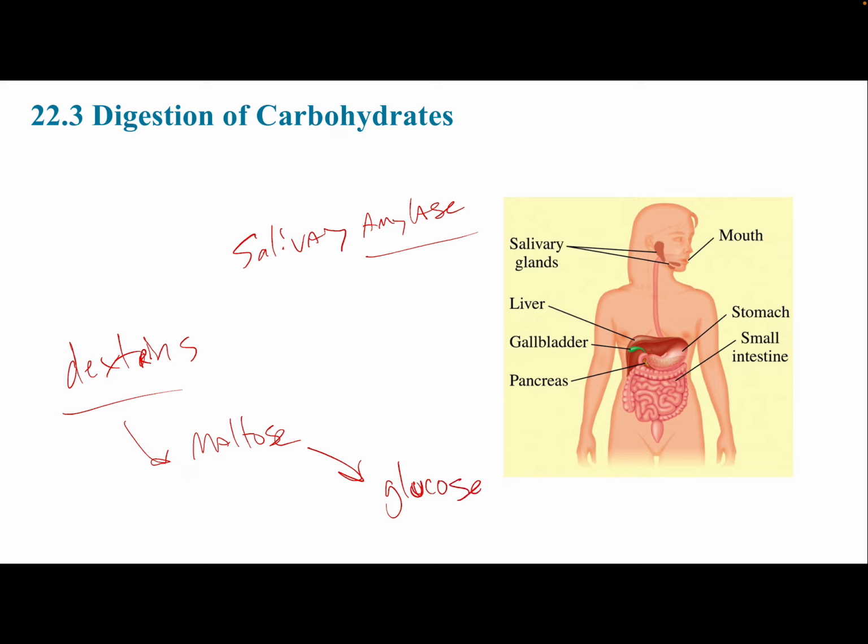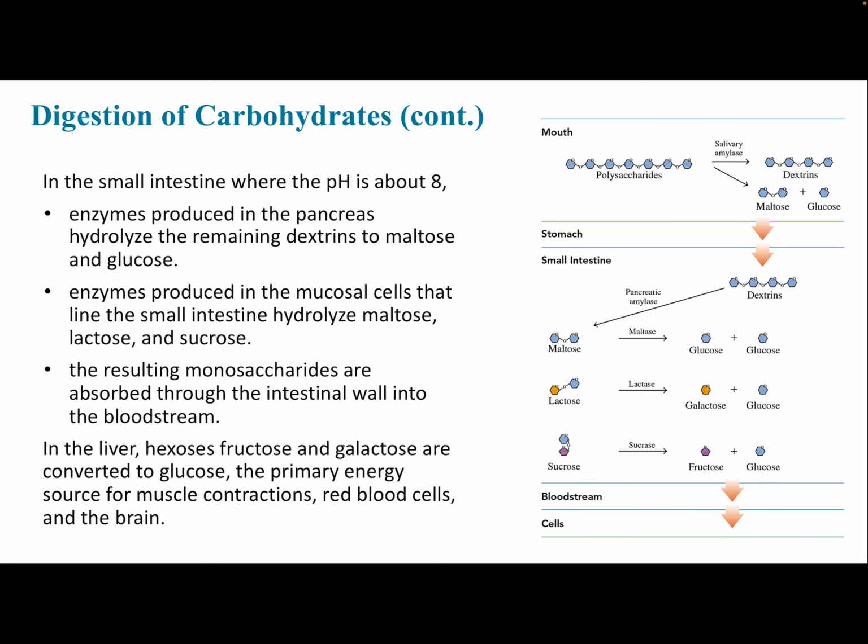In the stomach, the partially digested starches will enter an acidic environment, and this low pH stops the carbohydrate digestion. It inactivates the enzyme. So that stuff doesn't break down anymore once it hits the stomach. Now, in the small intestine, things pick up again. The pH is about 8.